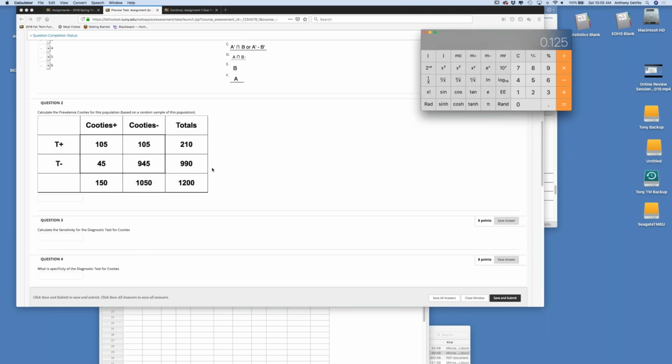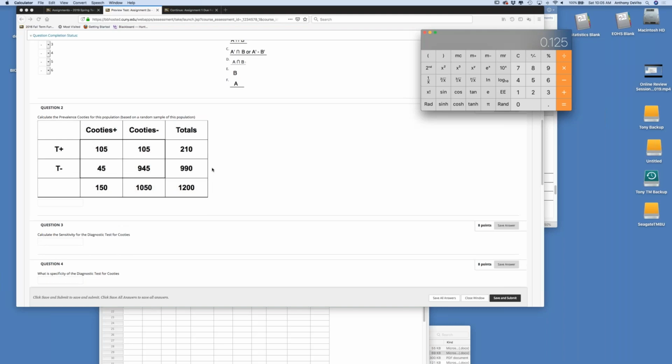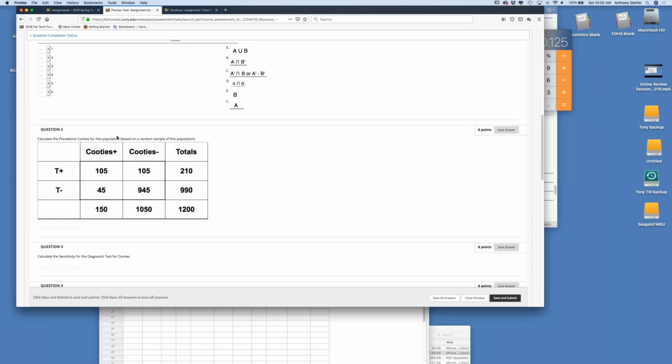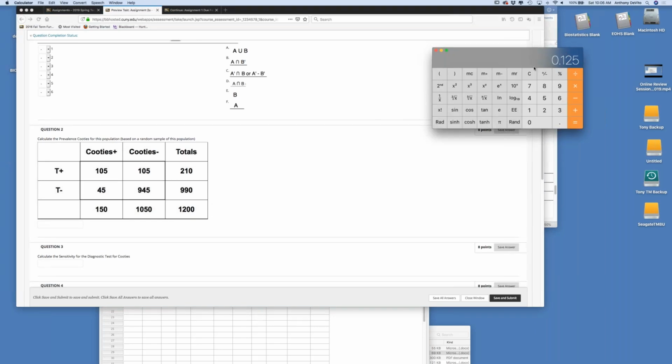Well, one of the things that may come up in the test is if you redid this for a population with a lower prevalence, with exactly the same test, 70% sensitivity, 90% specificity.